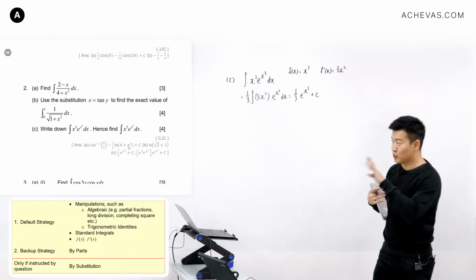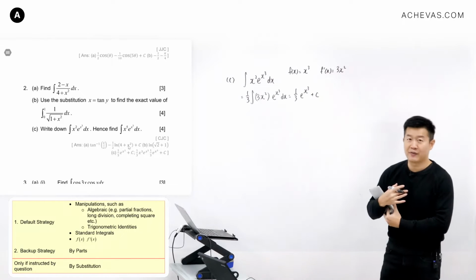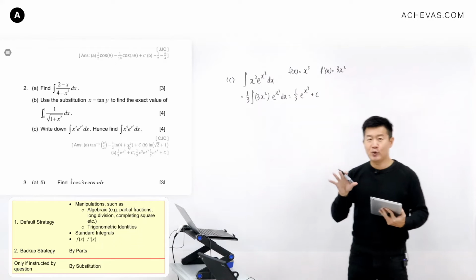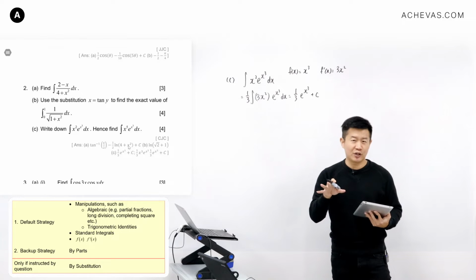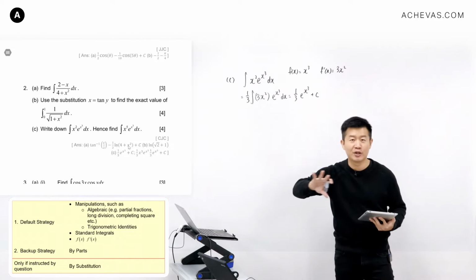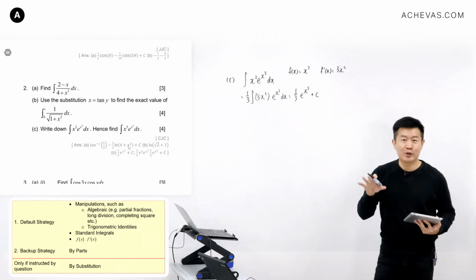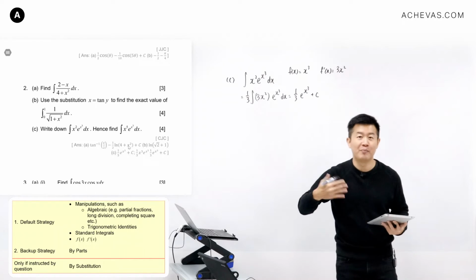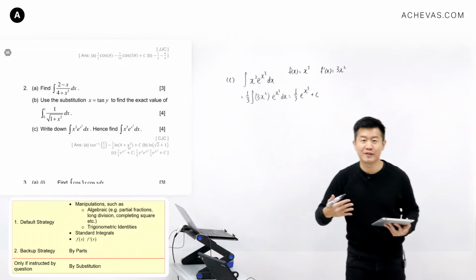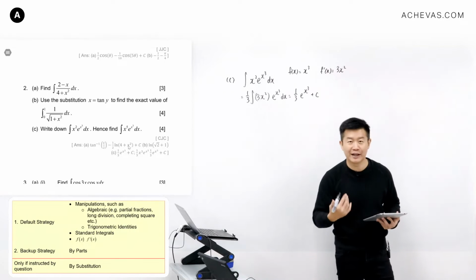But if you're unsure, you should be exploring standard results or f(x) f prime x first, because integration by parts is not trying to add a full stop to your integration process. It is a comma to your integration process. Integration by parts is a process of manipulation. It's not a process to finish up, to conclude an integration.